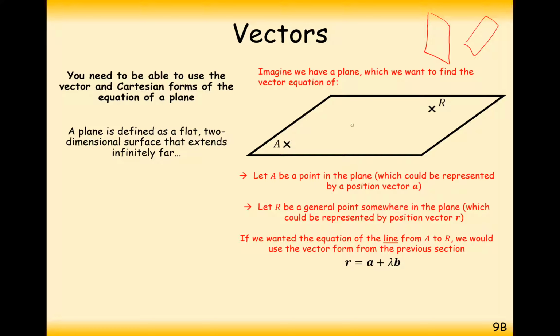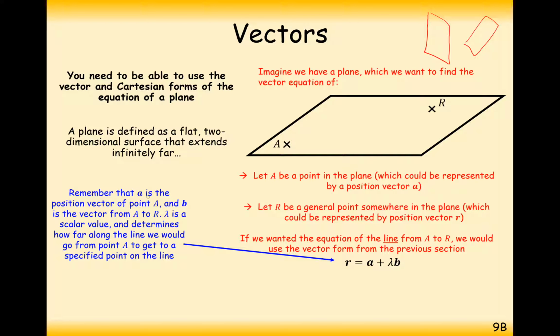But if we imagine just this line here, we're going to need more detail on this equation of a line so that we can now move backwards and forwards along our plane rather than just travelling in the straight line from A to R. Remember A is the starting position and b is the vector to get from A to R. Lambda is the scalar and determines how far we go along that specified line.